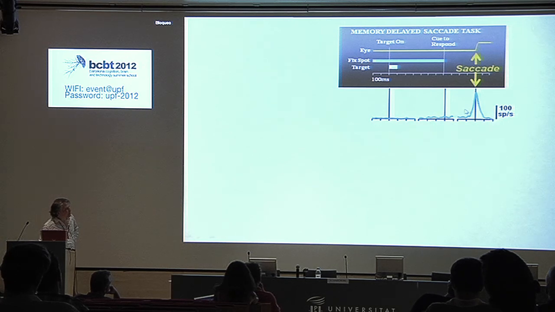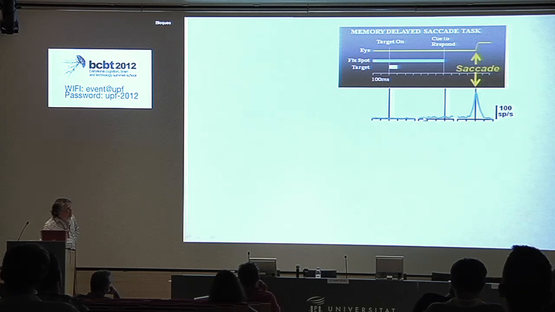This is a spike density function, which just shows the average firing rate of this neuron over about 20 trials. This neuron is quiet until the saccade occurs. Just before the saccade, the neuron starts firing, about 80 milliseconds before, and that firing peaks at the time of the saccade and then drops off.